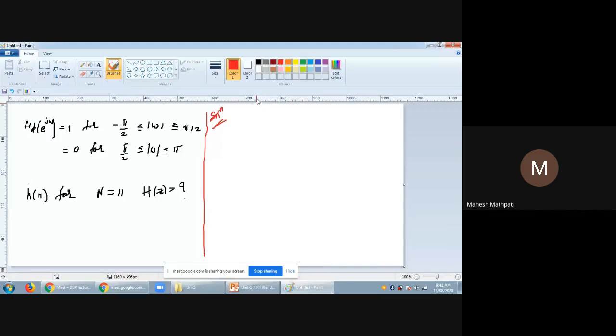Can anyone tell me? How can it be plotted? Where is it going to be present?